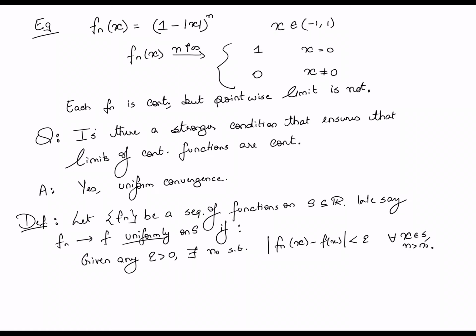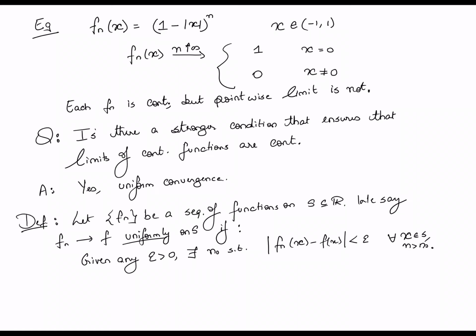So the point here is that the n naught is not allowed to depend on x, unlike in the case of pointwise convergence, where you are looking for the sequence Fn of x to converge to f of x at every point x, but therefore the n naught, the point beyond which Fn of x becomes close to f of x, can depend on the location, right? Can depend on x.